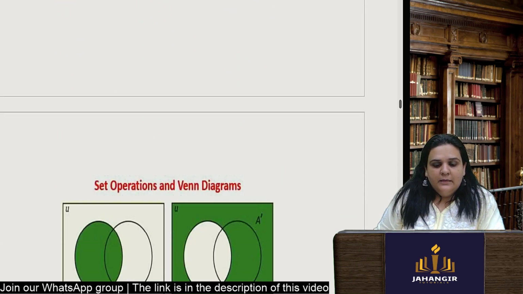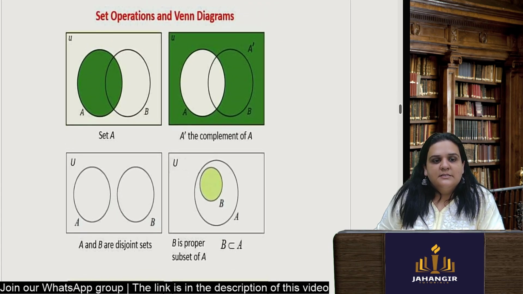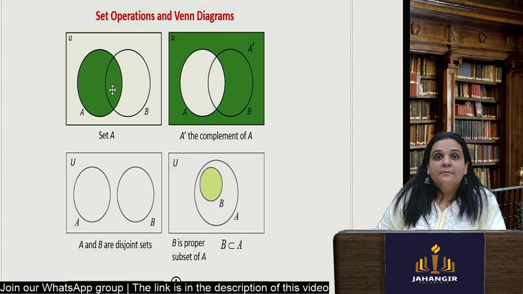Okay. Then certain operations. Here you have U, which is a universal set, in that you have set A and set B. Where A and B are intersecting, that is A intersection B. Then A union B is nothing but the addition of both the elements of the sets.